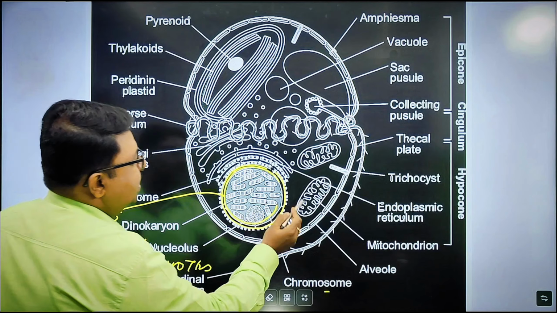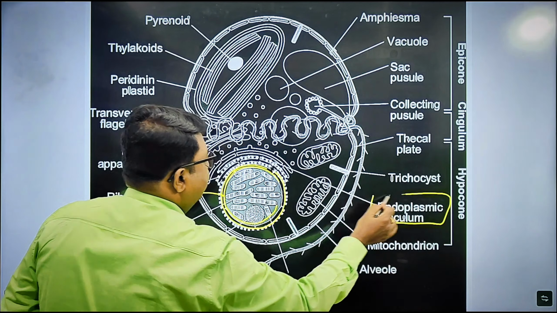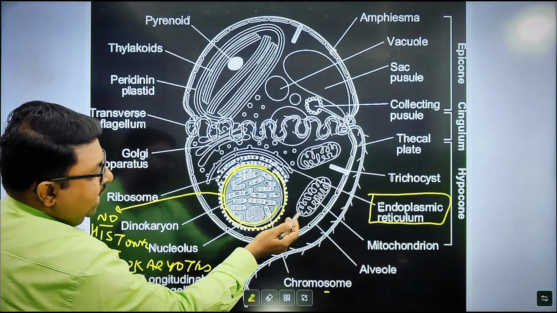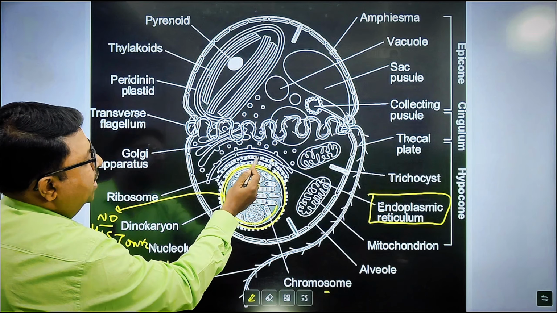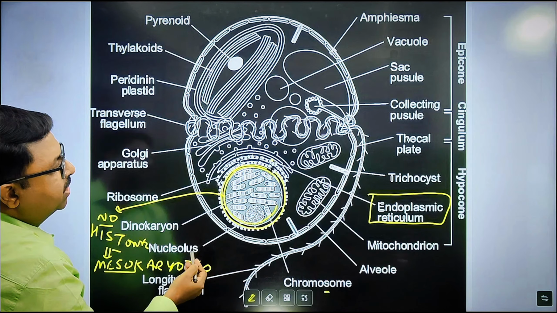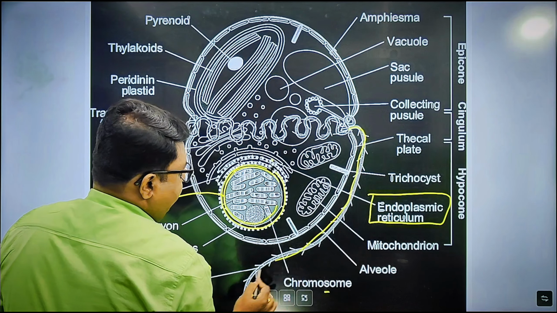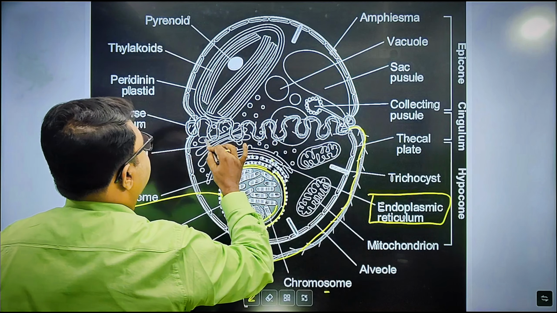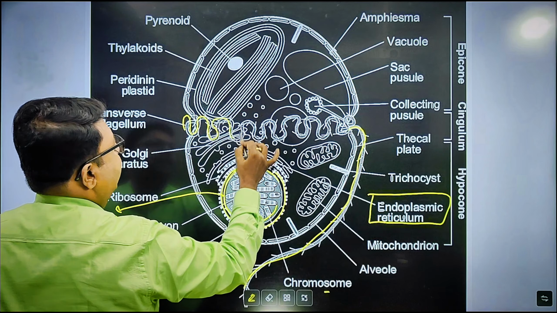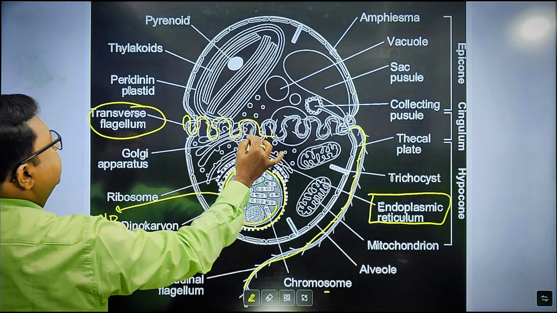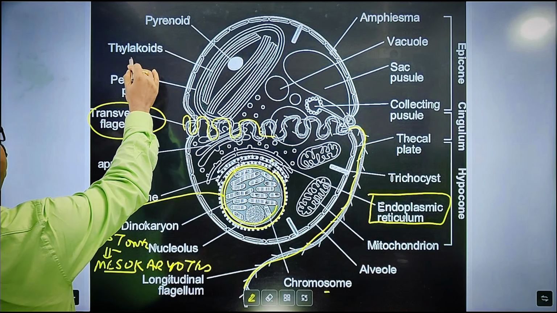That's very very important. They have got endoplasmic reticulum. यहाँ पे देखो rough endoplasmic reticulum है, so they can make their own food. ये जो flagella है, एक longitudinal, एक transverse है, ये transverse flagellum है यहाँ पे बीच में, and they have got thylakoids.